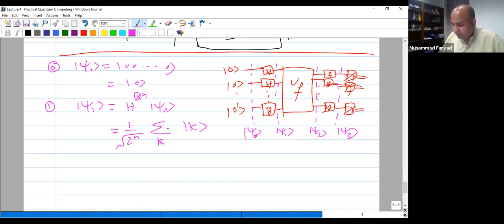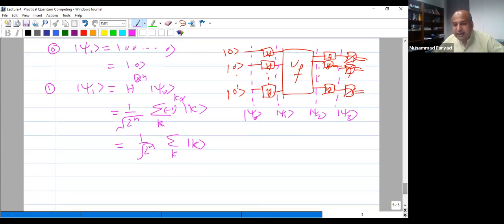We don't need this (-1)^(k·x) term here because x is 0. This psi naught is all 0, so this becomes the sum over k, and (-1)^0 is 1.